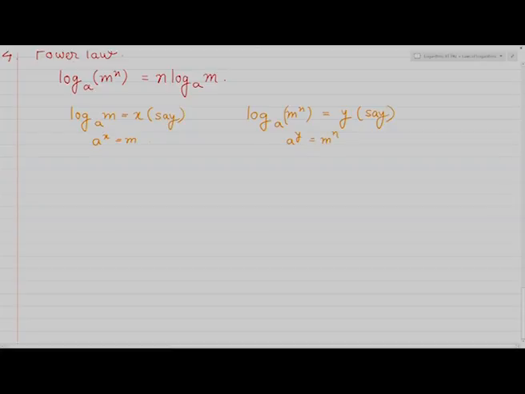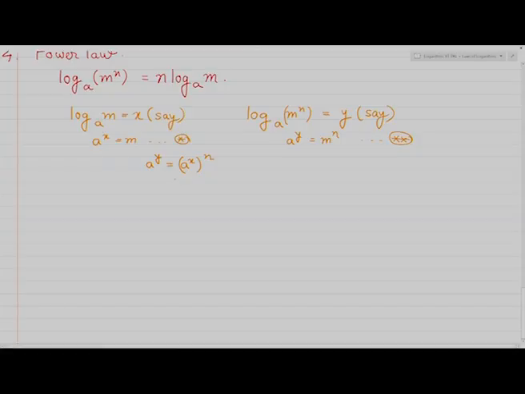Now, if I call this equation star and this equation double star, then I will use the value of m from star and put it in double star to get a raised to y is equal to a raised to x, the whole raised to n. So, putting the value of m from star into double star, I get this expression.